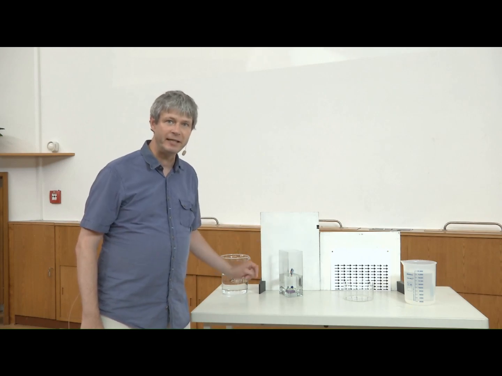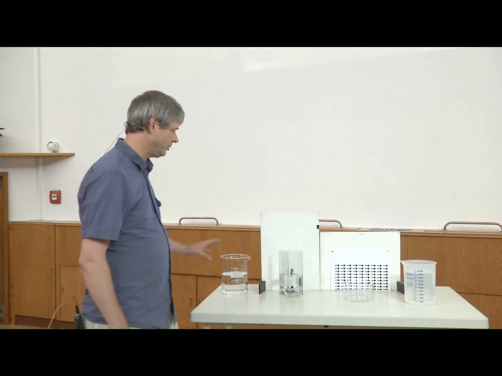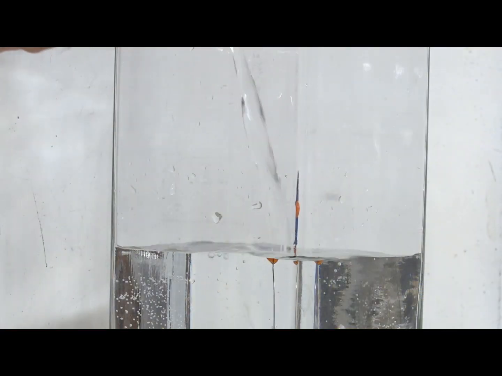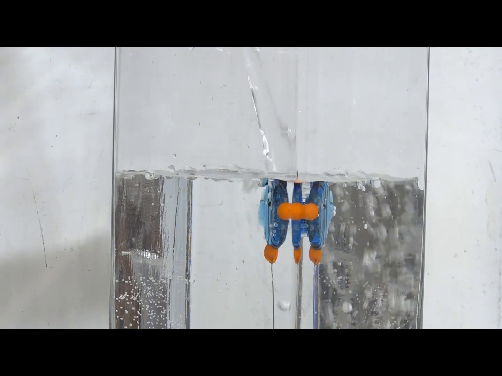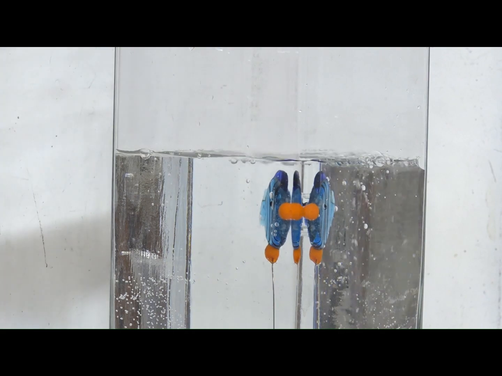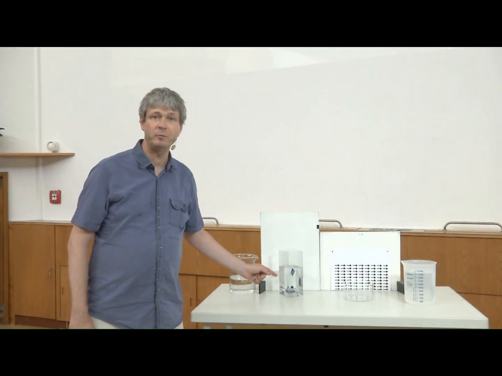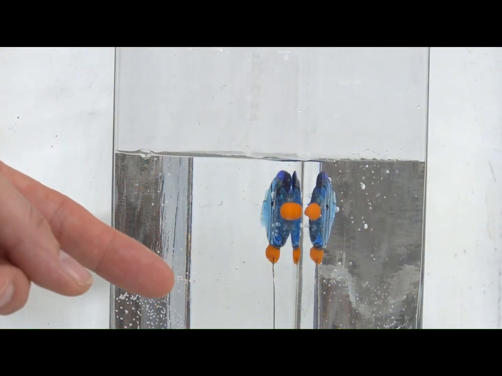However, something really interesting happens when you now fill that glass with water. So you nicely see, when I filled the glass with water, the fish became visible from both sides. We saw it actually 2 or even rather 3 times, as you see here.